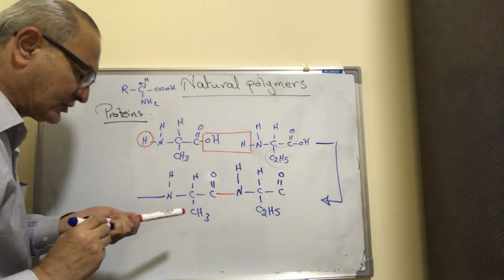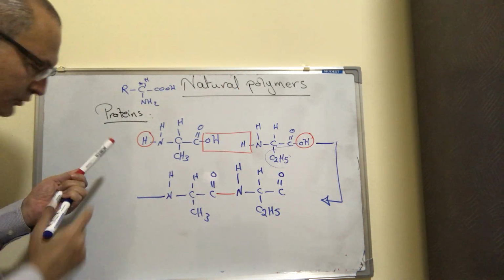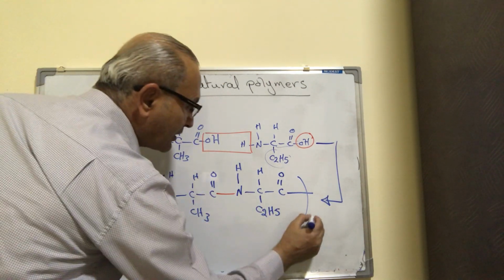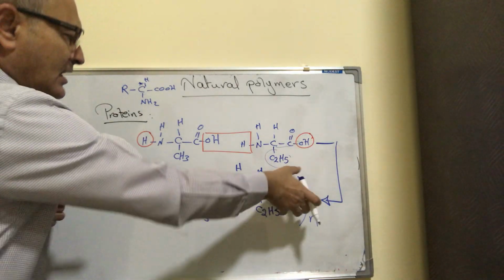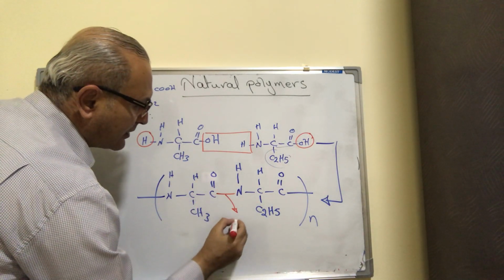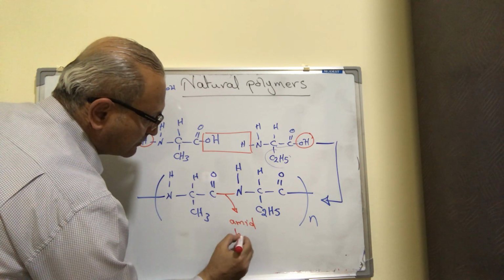OH. So I will draw here a line, and by repeating these two units thousands, millions of times, this is the protein. This is the protein, and the bond here is called what? Amide bond.